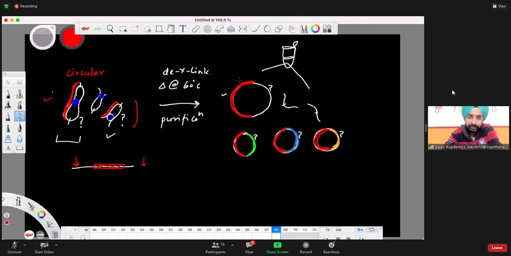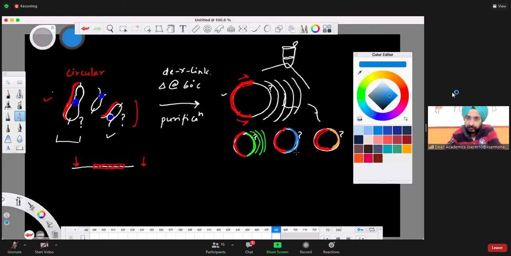I know the known region, so I can get the primer from this locus and from this locus, right? Get the primers and amplify these unknown ones. So now this will be amplified, right? You can amplify this one. And likewise, you will amplify your green ones, blue ones, and the yellow ones, right? You can amplify that.